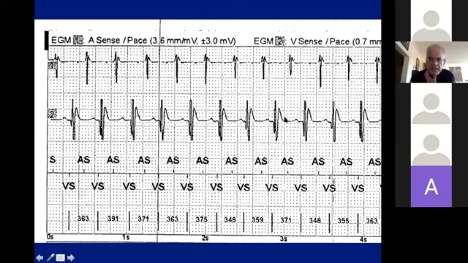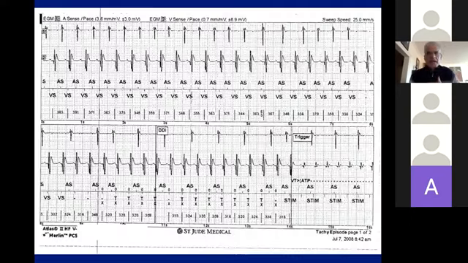Exactly. So here is one example, right? Longer V to V and then longer A to A. Here another one, longer V to V. So you suspect that this is VT, correct? All right, okay, so this is the same patient, a continuation of the same episode.